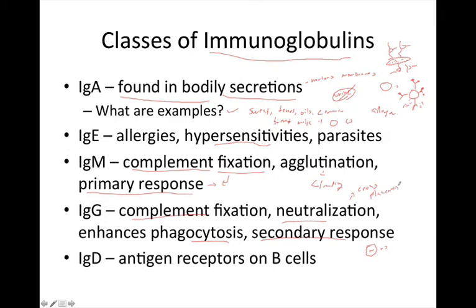This antibody can move from mother to child, or mother to the embryo, I should say. That's important because during embryonic development, this is part of the development of the immune system by passively, naturally acquiring antibodies.